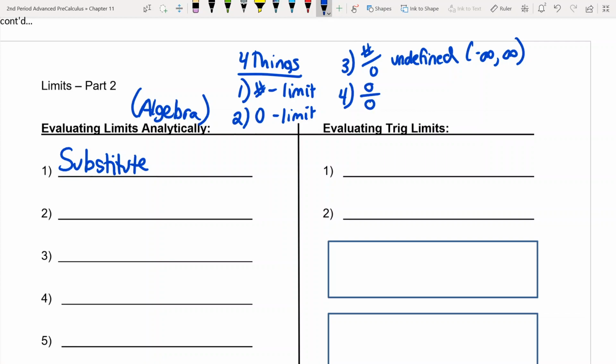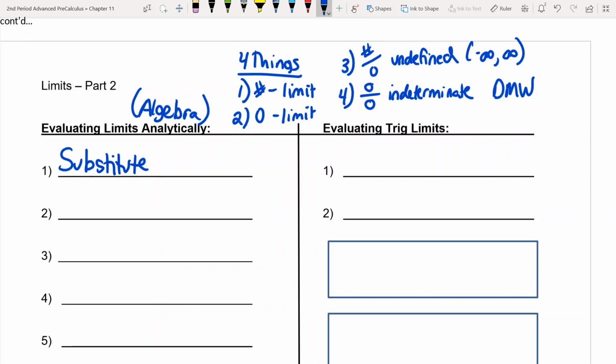And if we have 0 over 0, that's what we call the indeterminate form. And when we have the indeterminate form, I put down DMW. That means we've got to do more work.